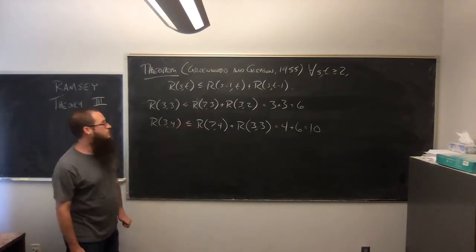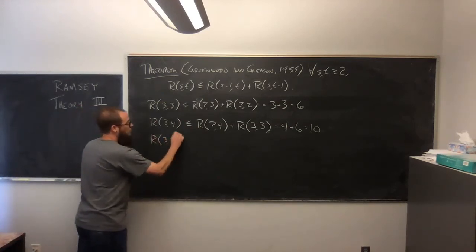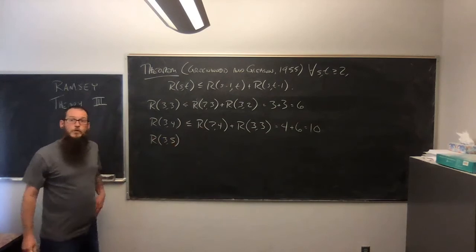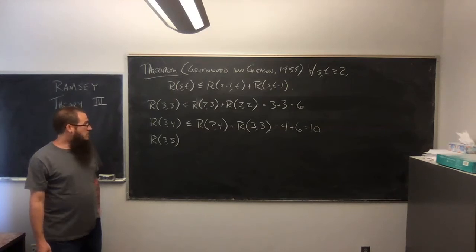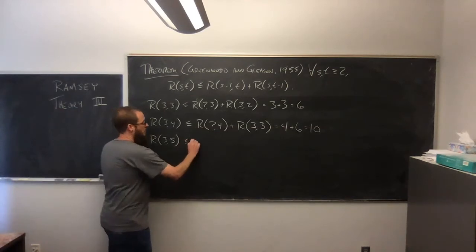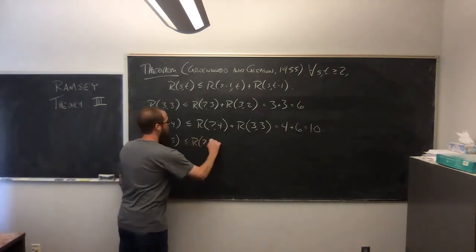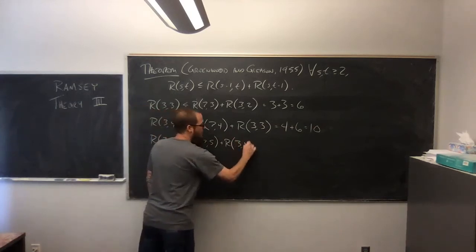Not quite good enough. One other example that I encouraged you to take a look at the end of a previous video was R of 3, 5 to argue that this is less than or equal to 14. And if we were to apply Greenwood and Gleason's theorem to this one, well, here we have R of 2, 5 plus R of 3, 4.